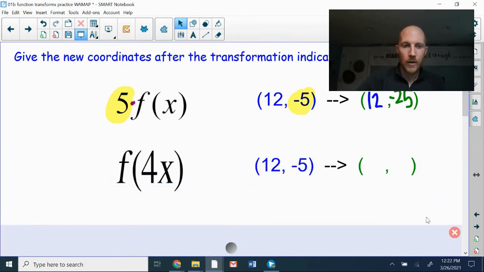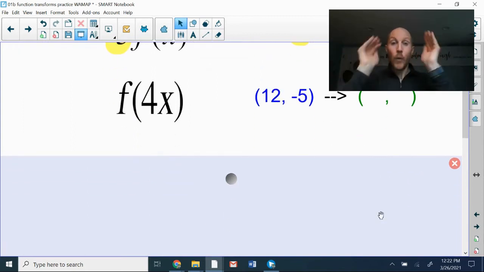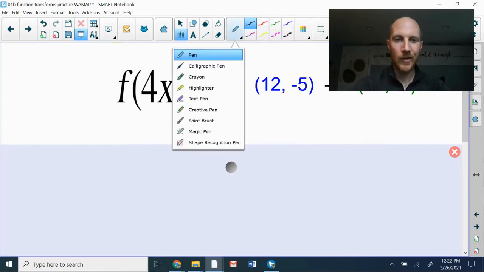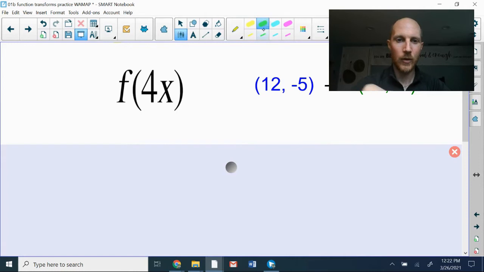Next, f of 4x. So inside the parentheses, we've got that 4x. I know that inside the parentheses is going to be a horizontal transformation, and it will affect the x coordinate. But this is a little bit tricky, right?